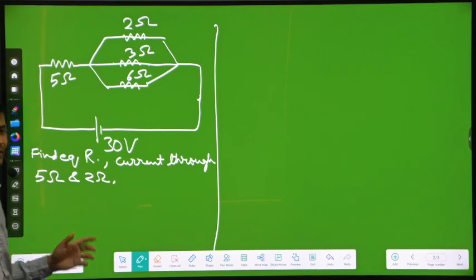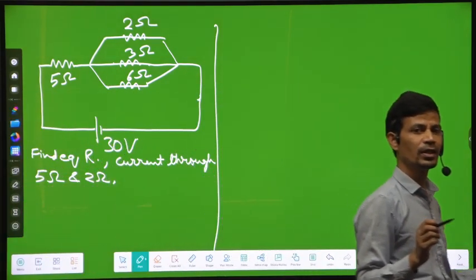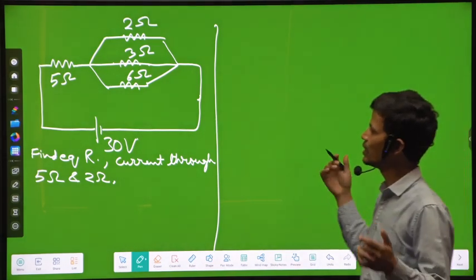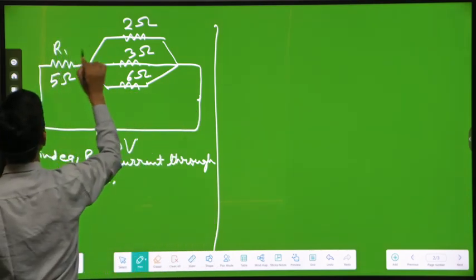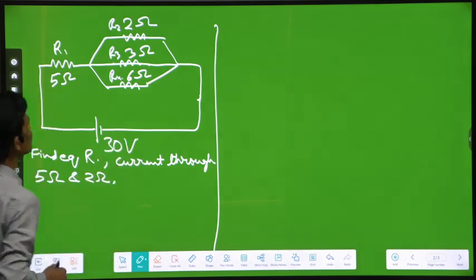Whatever they are asking, just remember one thing: you need to first simplify the circuit, first solve it, and that's all. So this is what we are going to do. R1, R2, R3, R4.